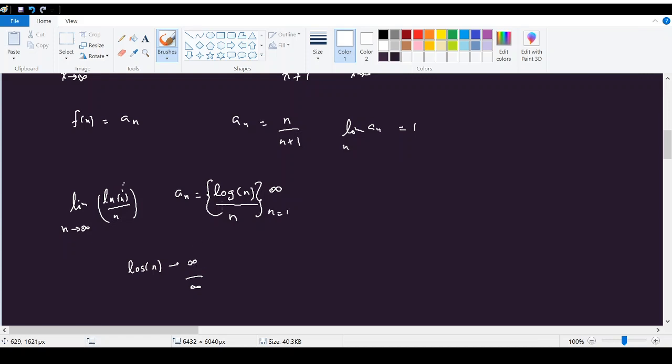Normally, when you have these logarithm terms as a fraction, L'Hopital's rule will come in handy. But the thing is, L'Hopital's rule should only be applied for a function defined throughout the real numbers. But here it is not like that. This is kind of a discrete function.